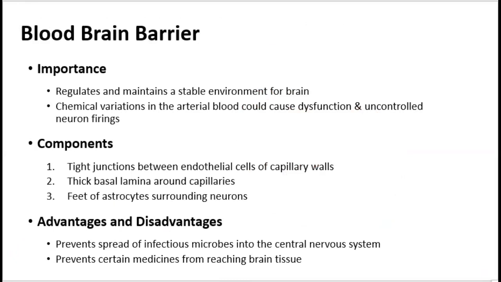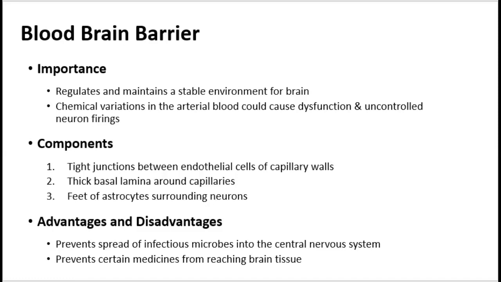So the importance of the blood-brain barrier between these blood vessels we just looked at, what escapes them and what gets to the brain tissue, is to regulate and maintain a stable environment for the brain. Any chemical variations could cause a dysfunction or uncontrolled neuronal firings.